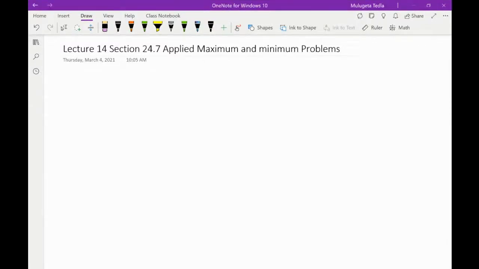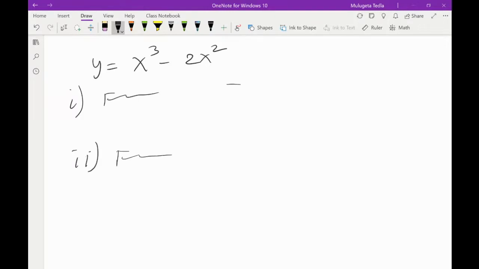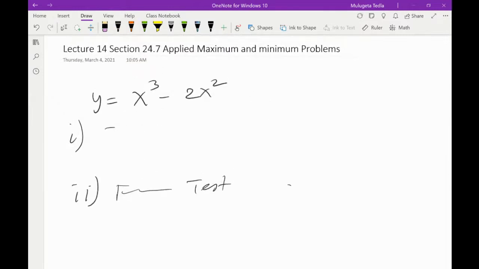So I will give you, say, y equal to x cubed minus 2x squared. This is easy anyway. Then I will ask, okay, find critical numbers. Test, find the maxima and minima, which are the critical numbers. You're going to test them. Or first I would start, find the intervals of increasing and decreasing.